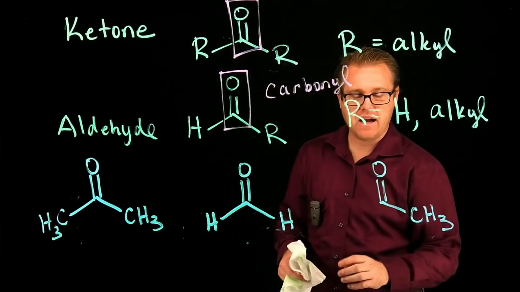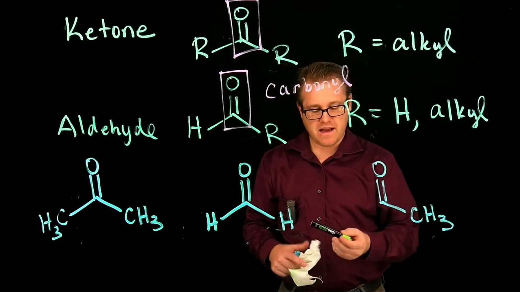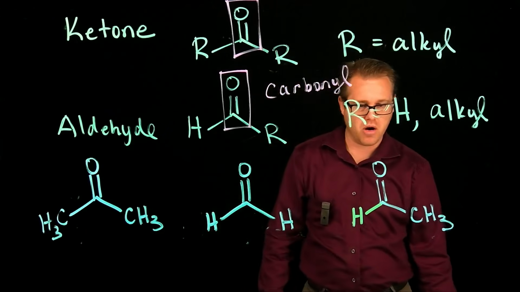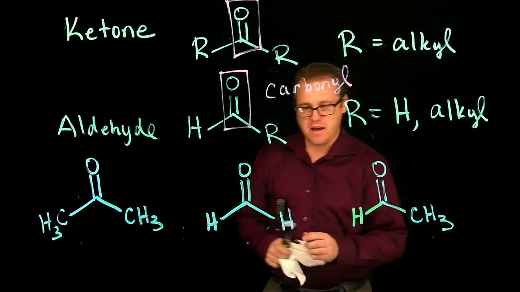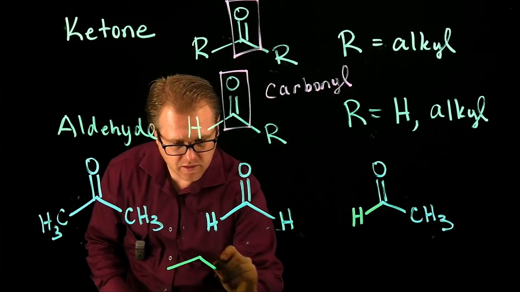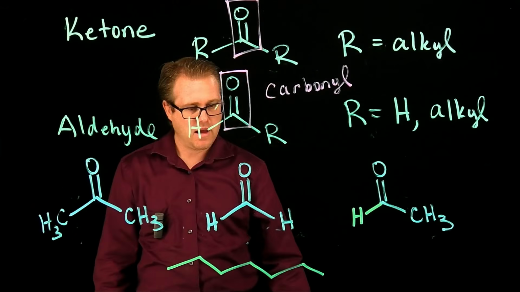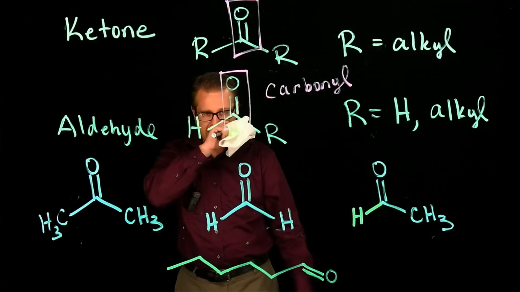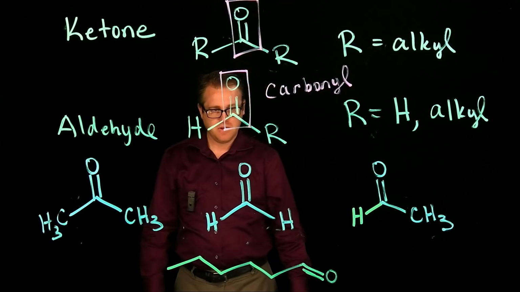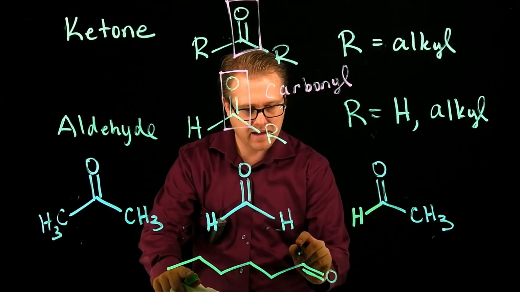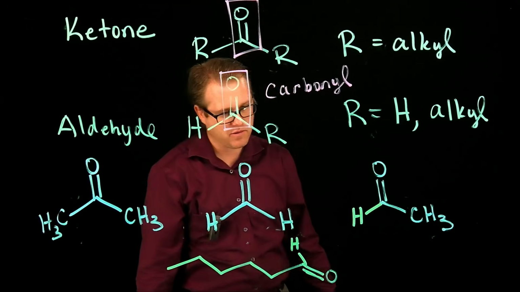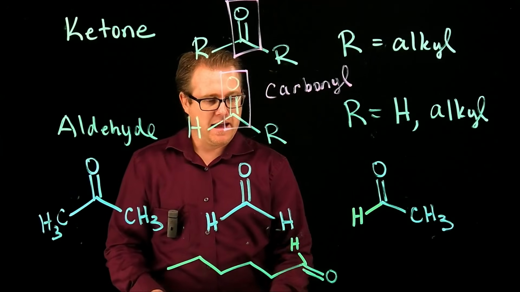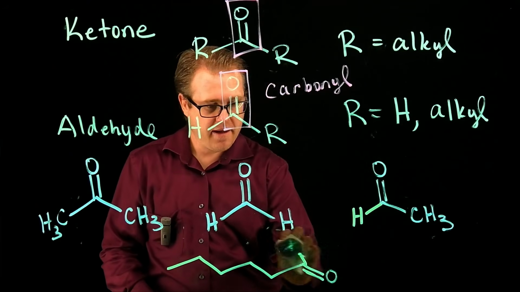That is an aldehyde, and you know it's an aldehyde because there has to be that hydrogen right there that's not drawn. So if I draw a molecule that looks like this, and then just go like this, what functional group do I have there? Well, that molecule is an aldehyde because there's this unwritten hydrogen right there. So that is an aldehyde. Got to be aware of that.